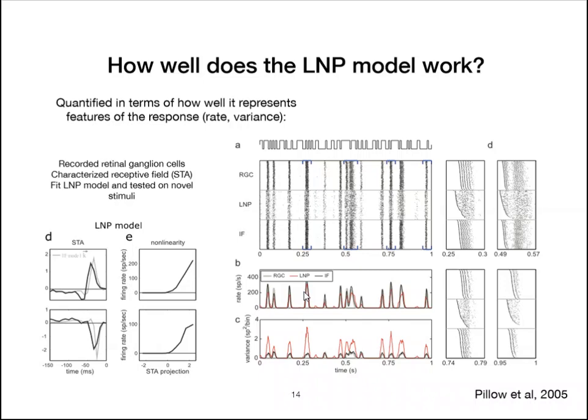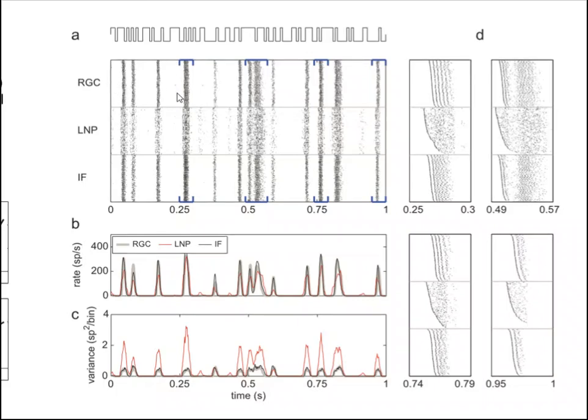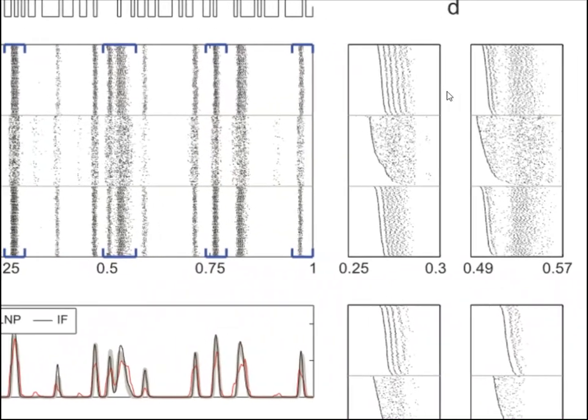These are all simulations, but here there's some stimulus, and the actual data, which I think is from some animal neurons, and we have the LNP model and the integrate-and-fire models, zoomed in over here. We see that they're pretty similar.